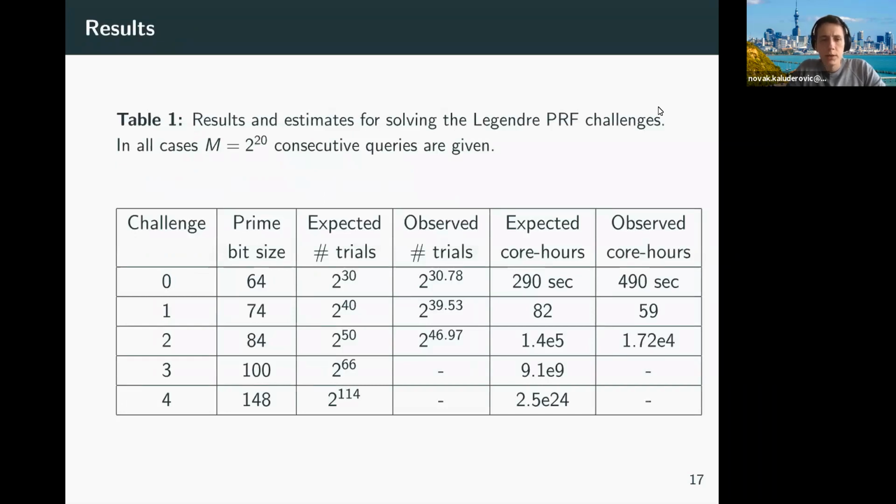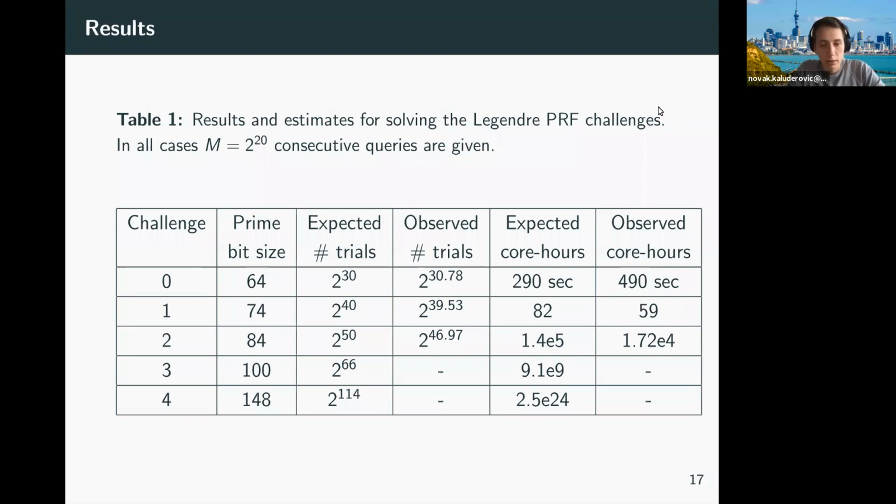Now, the 64-bit prime challenge and the 70-bit prime challenge were first solved by the Bullens et al. team, and we were the first to solve the 84-bit prime challenge. In fact, the main improvement was that factor L larger table, which allowed us essentially to find the hidden key with fewer trials.